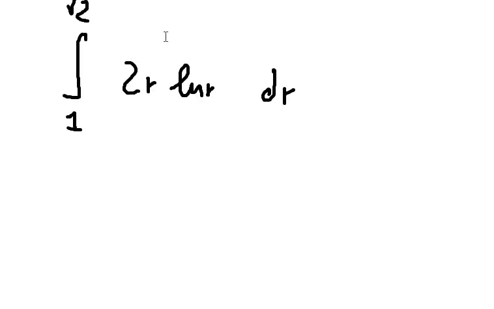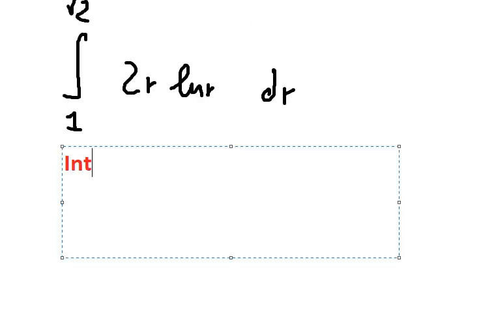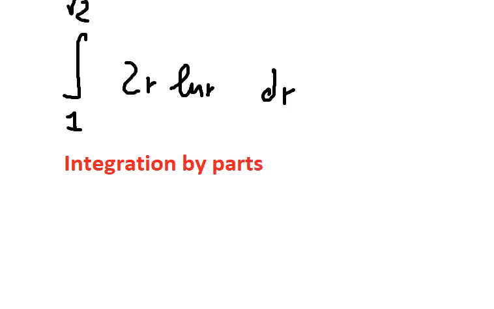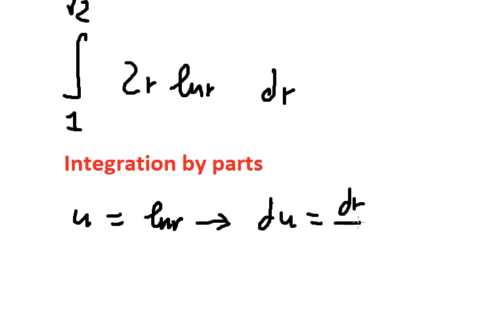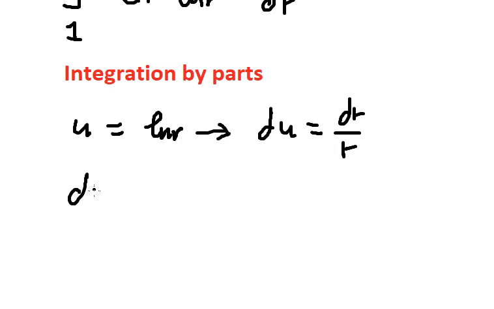So we can use integration by parts. I will put u equals ln r. Later we need to do the derivative on both sides, and we have it like this. dv is 2r dr. The integration of this one gives r squared.